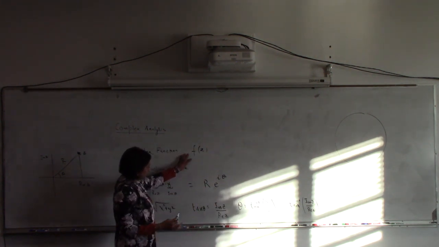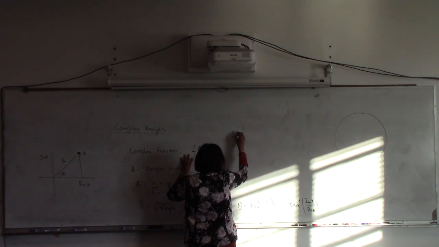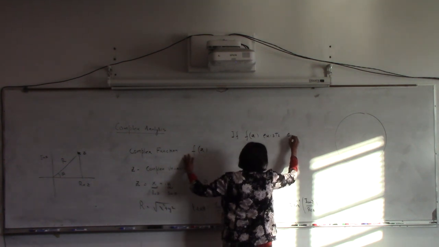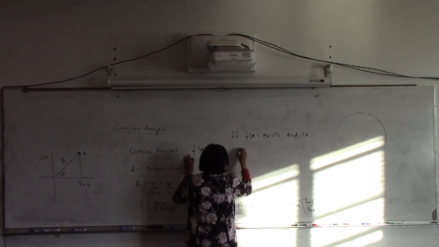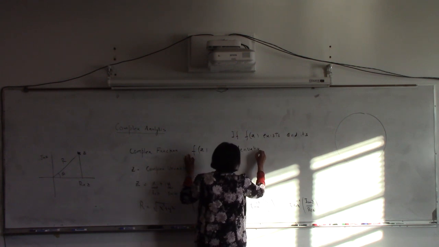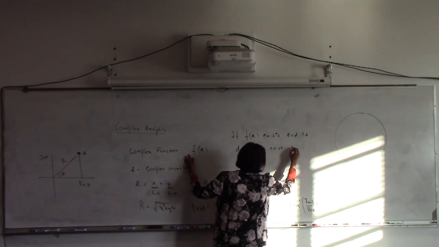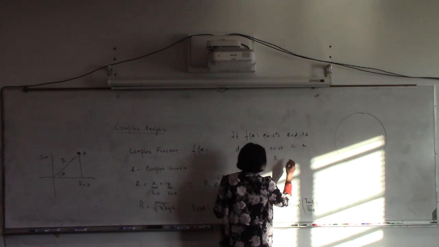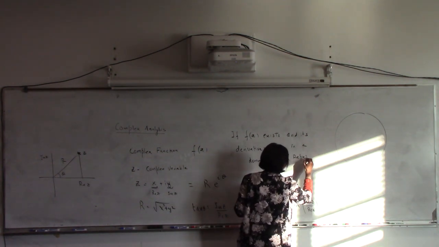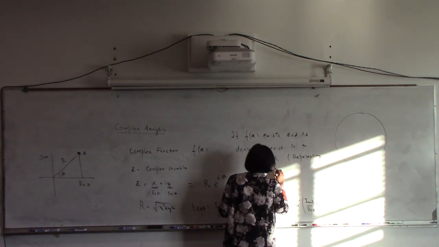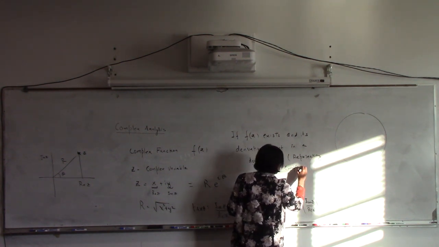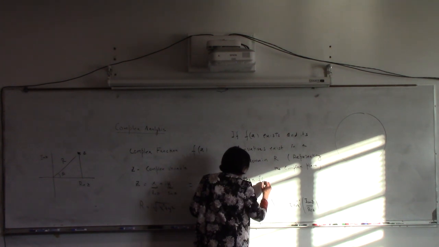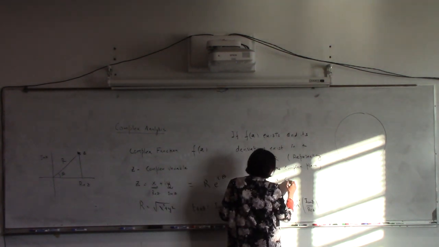If f of z exists, and its derivatives exist, in a domain R, which represents the complex plane, then f of z is called an analytic function.